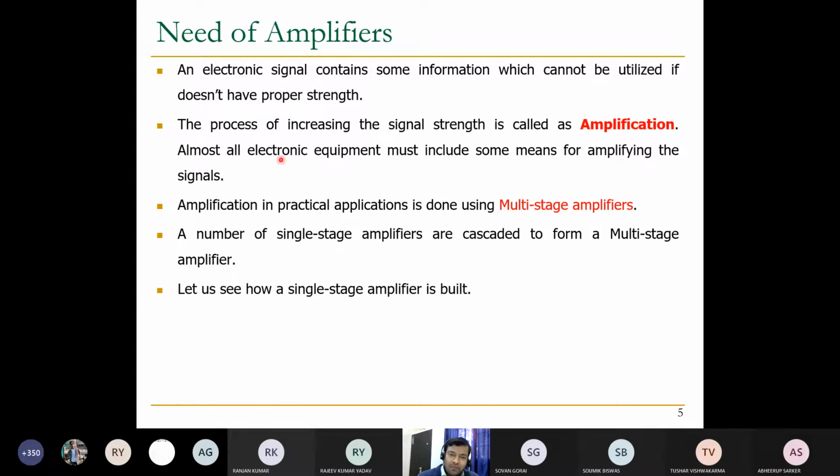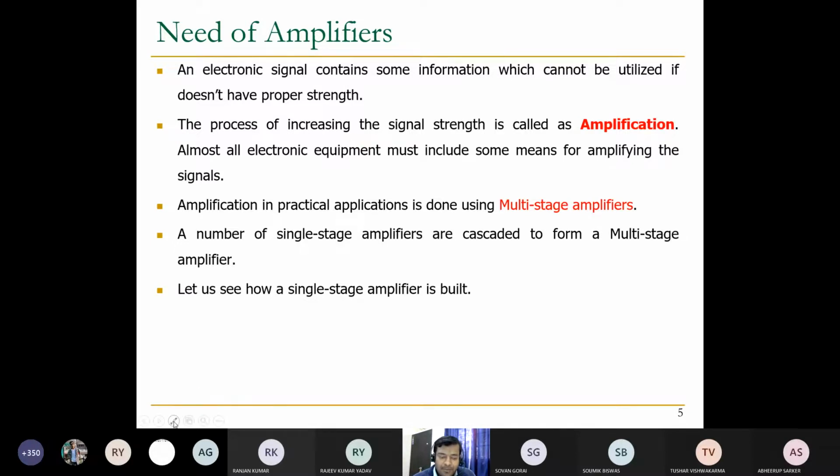So now, the process of increasing the signal strength, just think about it, amplification is nothing but this. You are receiving a low strength signal and you are converting it to a high strength signal. The low strength signal is the input signal, and the high strength signal is the output signal.